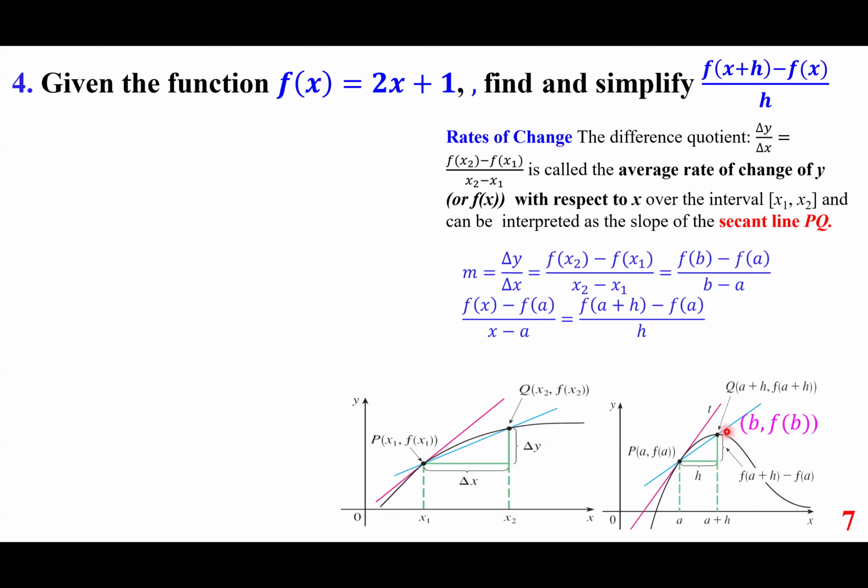If you call this point B and point A, f of B minus f of A over B minus A. Or if this is A and this is x, it would be f of x minus f of A over x minus A. If you call this distance h, f of A plus h minus f of A over A plus h minus A, which becomes h. And normally this is what we call the difference quotient.